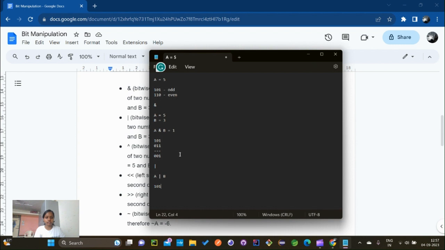So here 1 0 1 and 0 1 1. Any of them is one, so the answer is 1 1 1, as each pair of two bits contains at least one 1. So the answer of A OR B is 7.